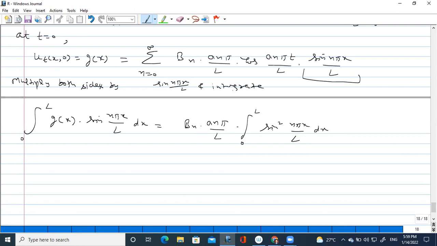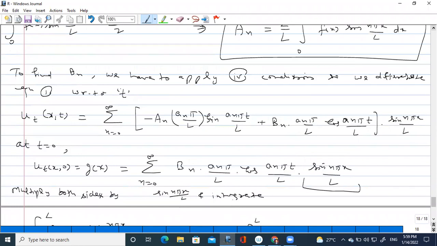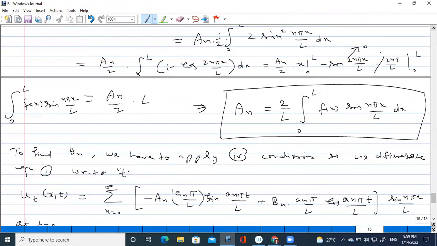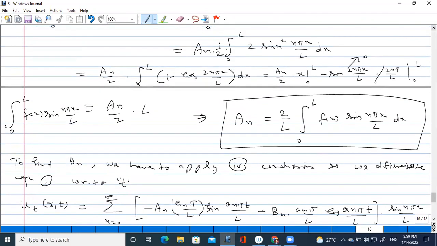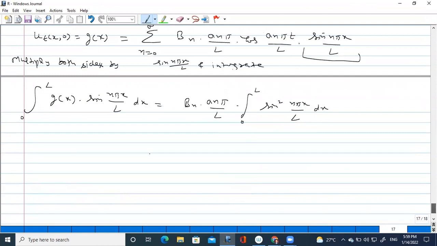So again, this is the same thing we have done just now. So the answer for that was integral 0 to L sine square n pi x by L dx equal to L by 2. From here it will come L and this will give me 2. So the final answer is L by 2. So that I am taking directly.